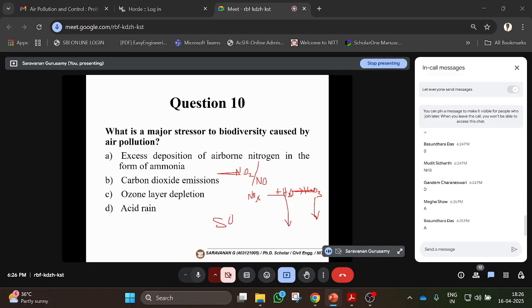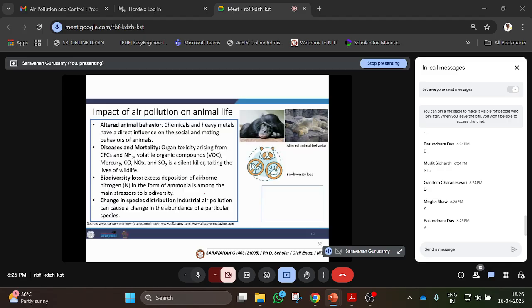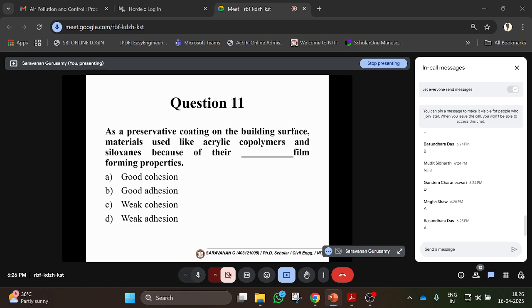And the same like SO2 will react with H2O and give you H2SO4. So that also will deposit as acid rain. Okay. So excess deposition of airborne nitrogen in the form of ammonia is our problem. Here also you can see biodiversity loss. Excess deposition of airborne nitrogen in the form of ammonia is among the main stresses to the biodiversity.